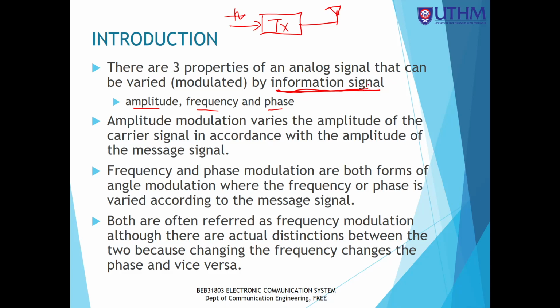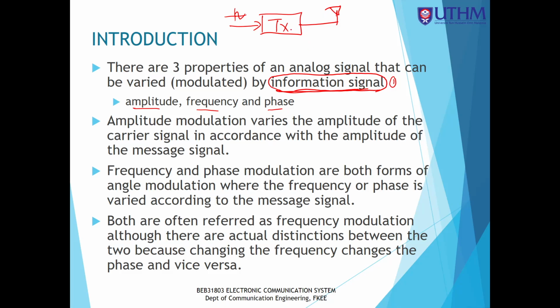I will show you later what the other names are for the information signal. So the input information signal, or the message signal, or modulating signal. There are a few other names given for the input in your notes.